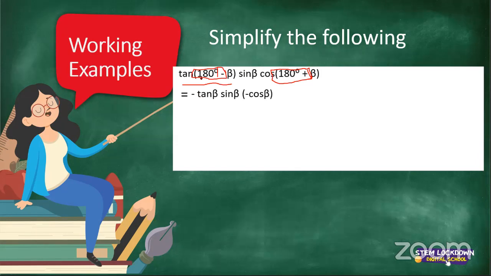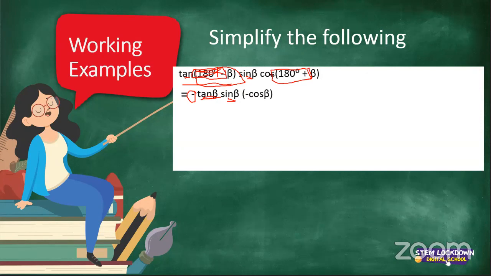Why is it minus tan beta? 180 minus beta actually sits in the second quadrant. Tan is negative in the second quadrant because only sine is positive in the second quadrant. And so that is why we have that negative in there, and we have eliminated that, and we're using tan beta. Sine beta, we bring forth as it is, sine beta.